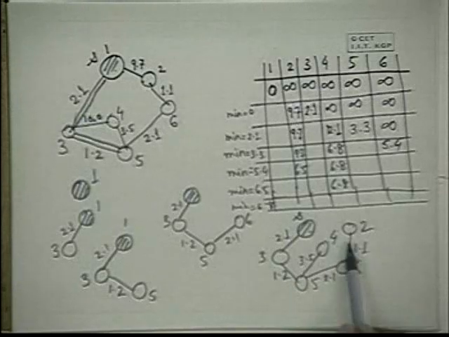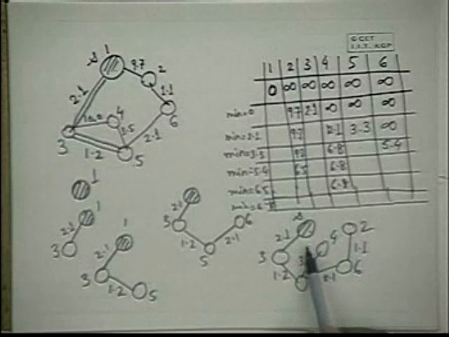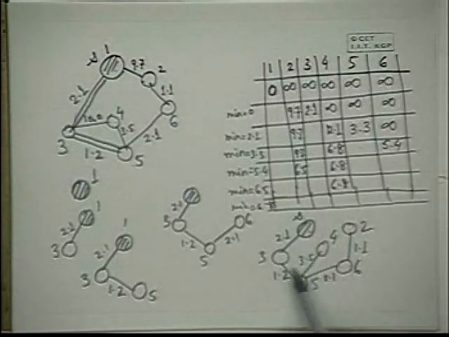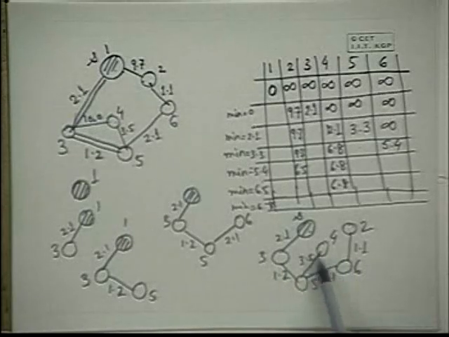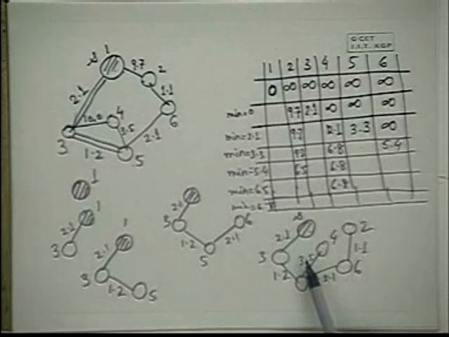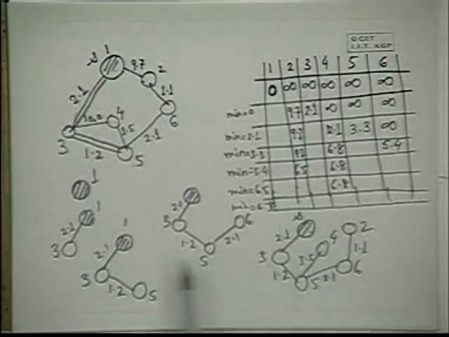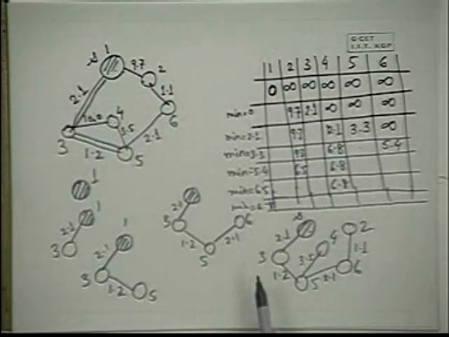You can see this is a tree, because this is a connected graph with no cycle. And whichever vertex you go to in the tree, it will give you the shortest path in the graph. Between any two vertices of a tree there is a unique path, and that path will give you the shortest path this time. So this is how Dijkstra's algorithm works.